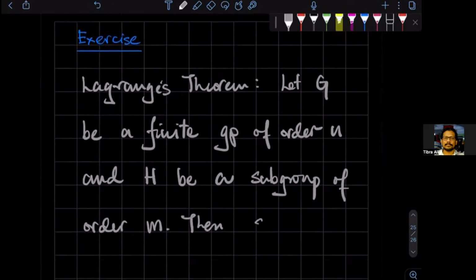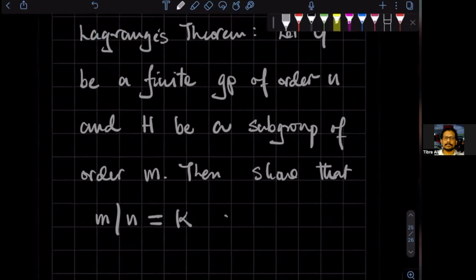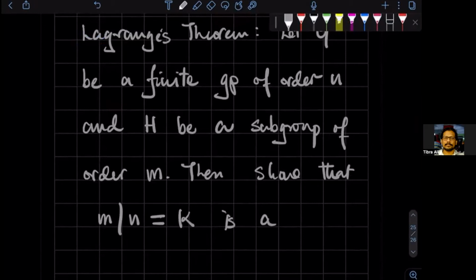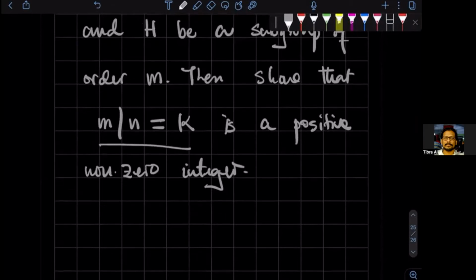Then show that m divides n. That is, n equals k times m, where k is a positive non-zero integer. Okay, so this notation means that m divides n.